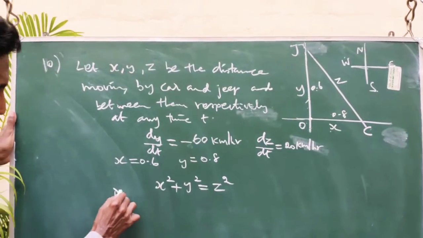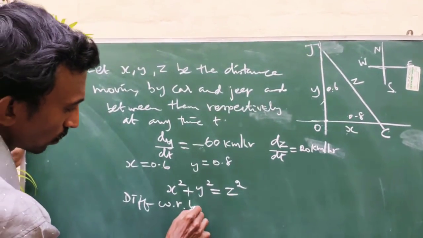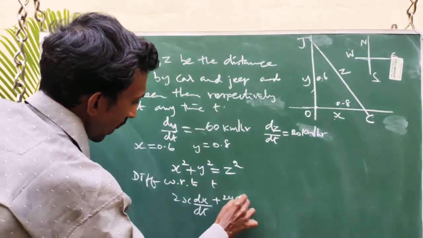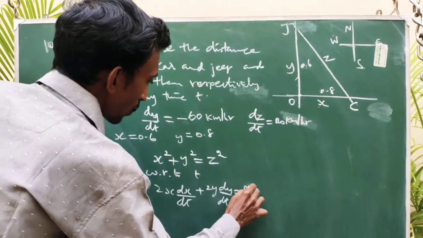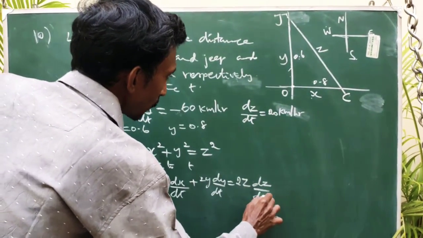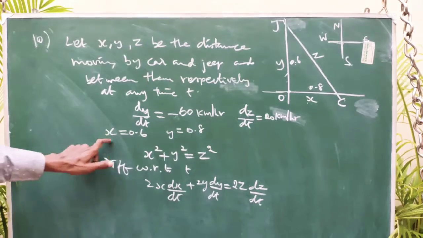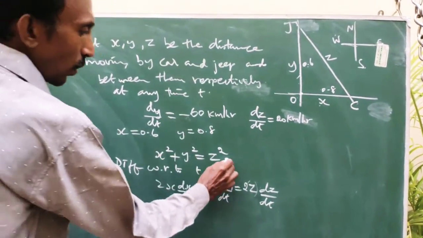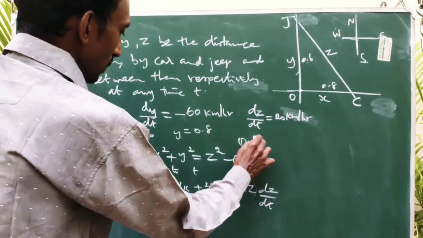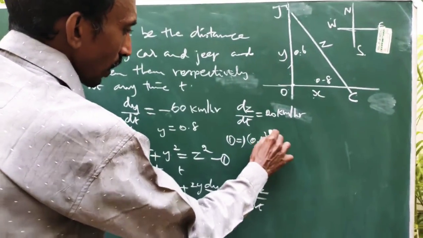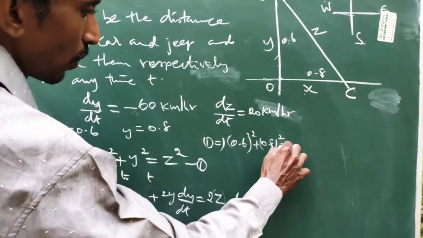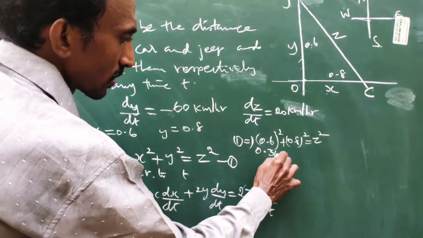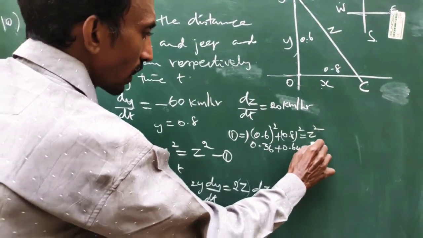Differentiating with respect to t, 2x dx by dt plus 2y dy by dt equal to 2z dz by dt. So my dear student, only x and y are given. Our aim is to find out the z value. Using equation 1, 0.6 square plus 0.8 square equal to z square. 0.36 plus 0.64 equal to z square.